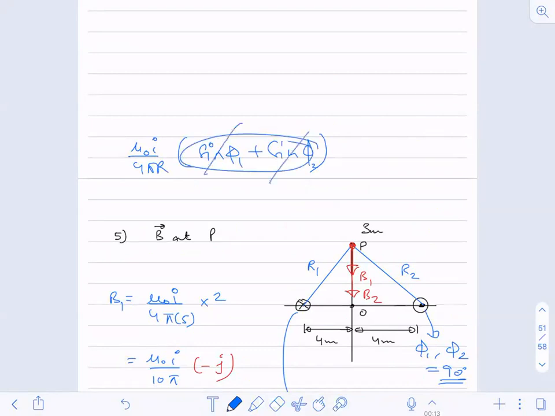This is 90, this is also 90. Phi 1 is 90, phi 2 is 90. So this becomes 1 and 1, plus, 2. So this becomes 2 mu naught I by 4 pi r. Is it okay? Okay. You want the direction to be explained again.